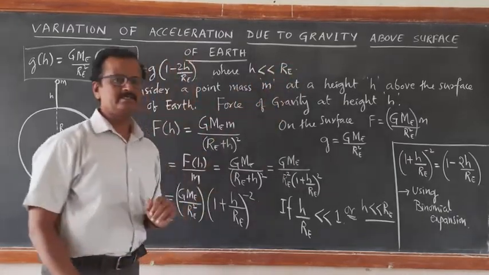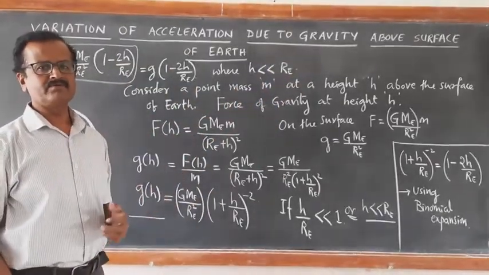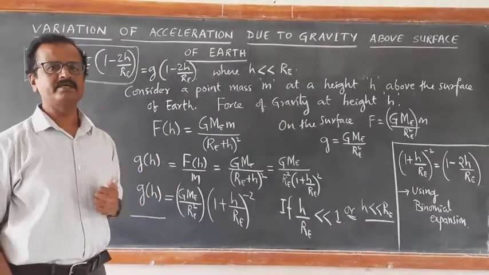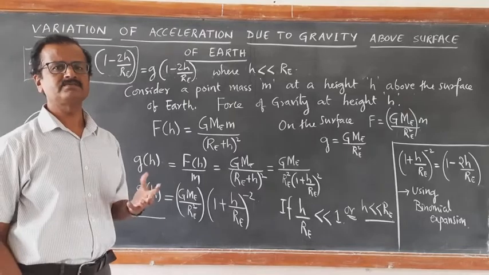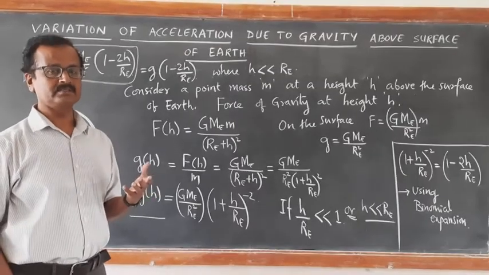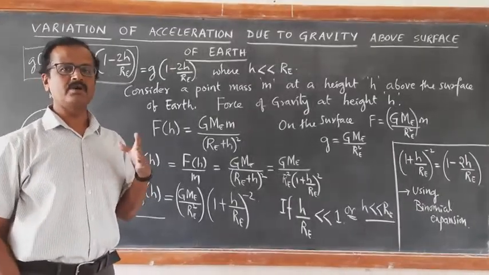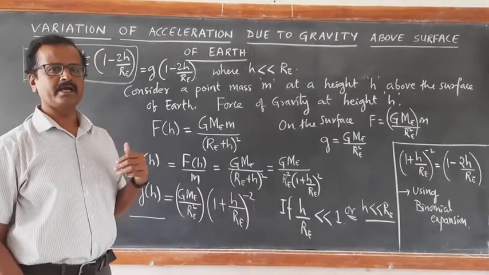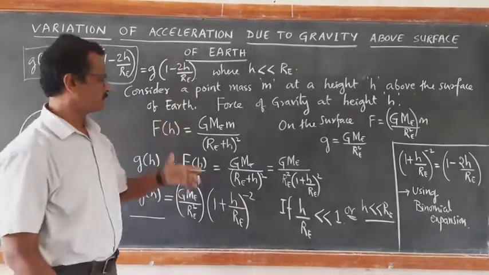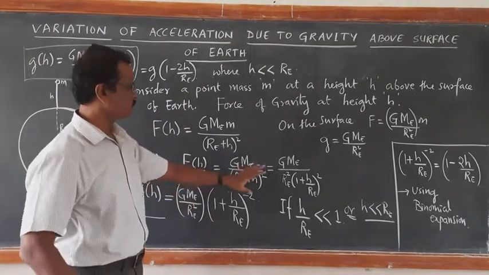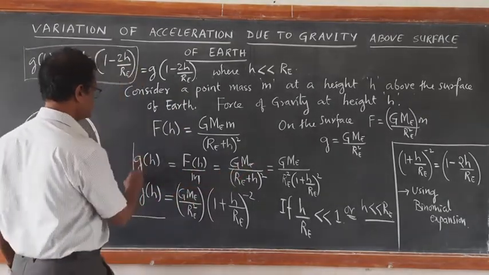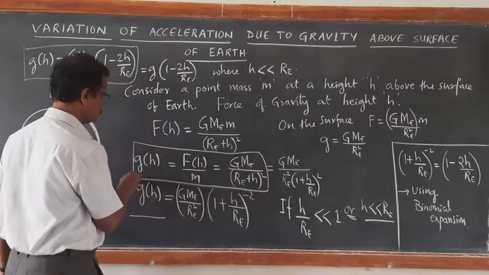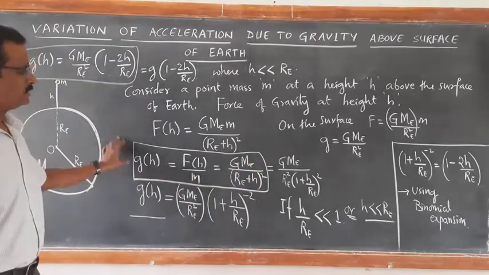If the height is comparable to the radius of Earth, say half, 1/3 or 1/4 of the radius of Earth, which is 6,400 km, say 2,000 km height, 3,000 km height, or double the radius of Earth, then we have to use the original equation. What is that? g at h is equal to G Me upon (Re plus h) whole square. This is how we get the result.